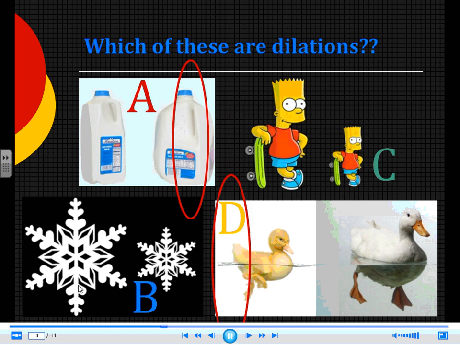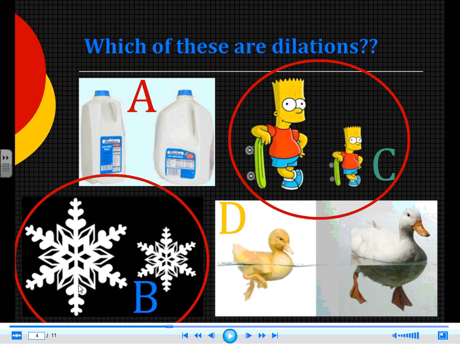The two that were dilations, the original Bart Simpson and then a miniature version, and our snowflake and our miniature snowflake. Okay. Dilations, the figures should be similar and proportional. And that's something that we're going to get to at the end of Unit 3. We're in Unit 3. Okay.